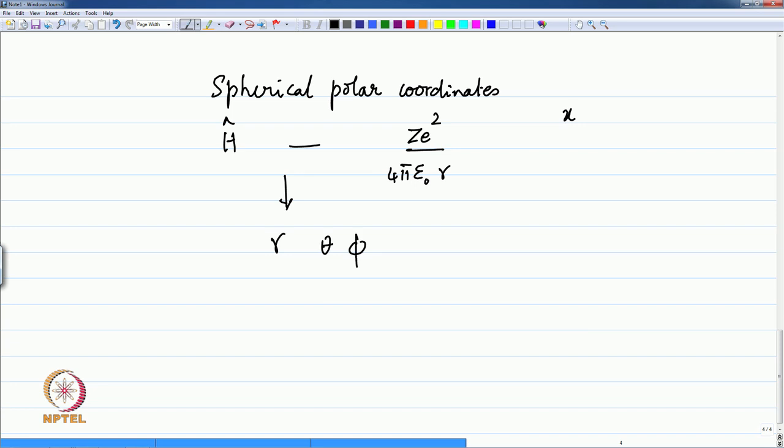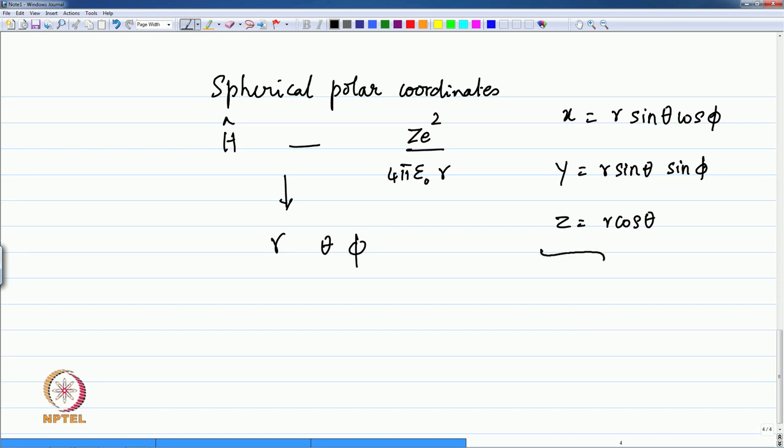The standard relations for these are x equals r sin theta cos phi, y equals r sin theta sin phi, and z equals r cos theta.